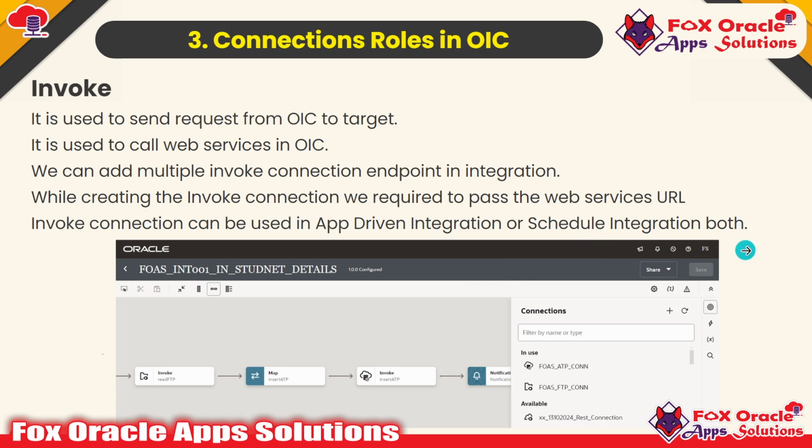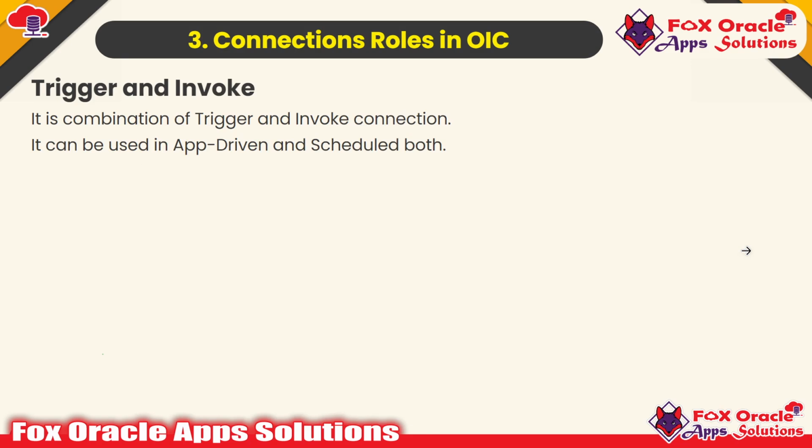So for example, you want to create a connection that can be used as a trigger and also to invoke any APIs. At that time, you will create that connection with the trigger and invoke role type, so that specific connection can be used as a trigger for the integration, or to invoke those services.